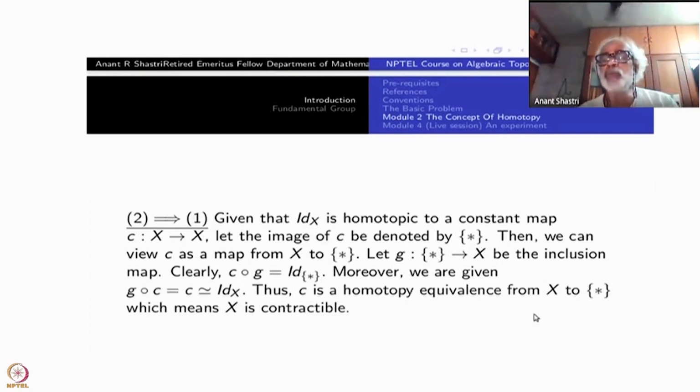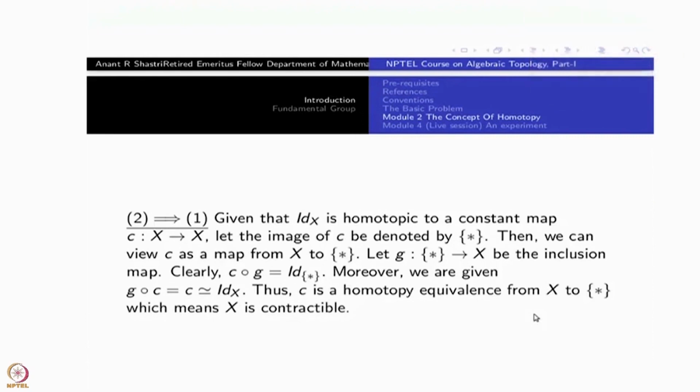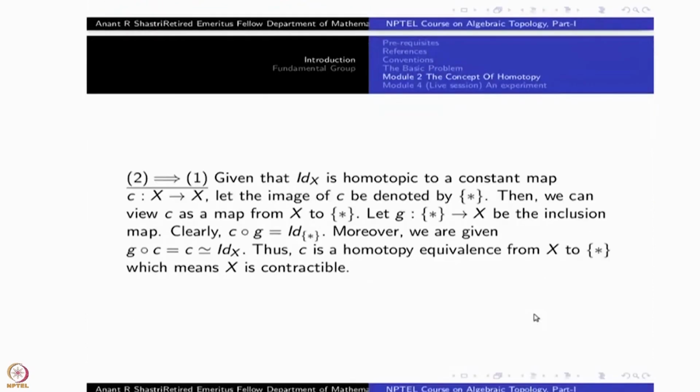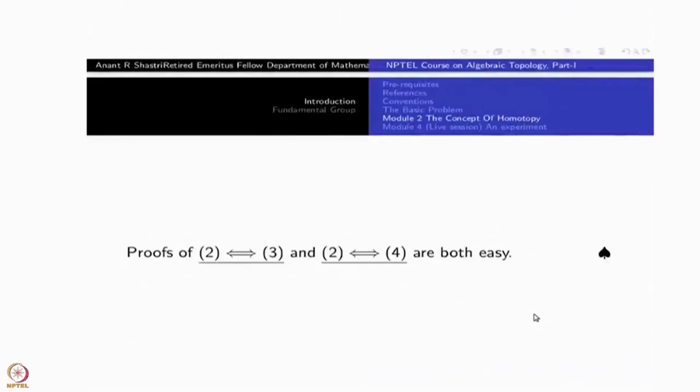So 1 implies 2, 2 implies 1 is okay. The 3 and 4, as I have told you already, are built in automatically. There is no problem. You go to a single point and then keep composing. Okay, equivalence of 2, 3 or 2, 4 are very straightforward.